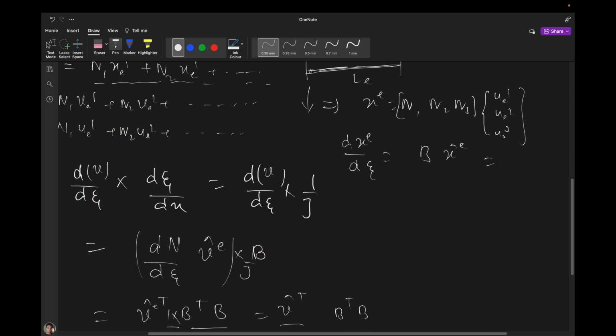So the whole term is nothing but a scalar. So that's why we are writing it as a Jacobian.